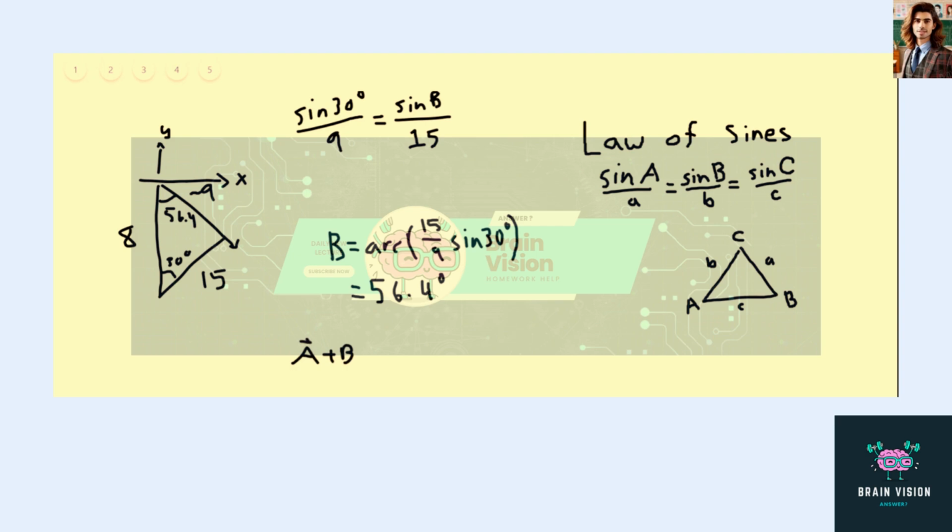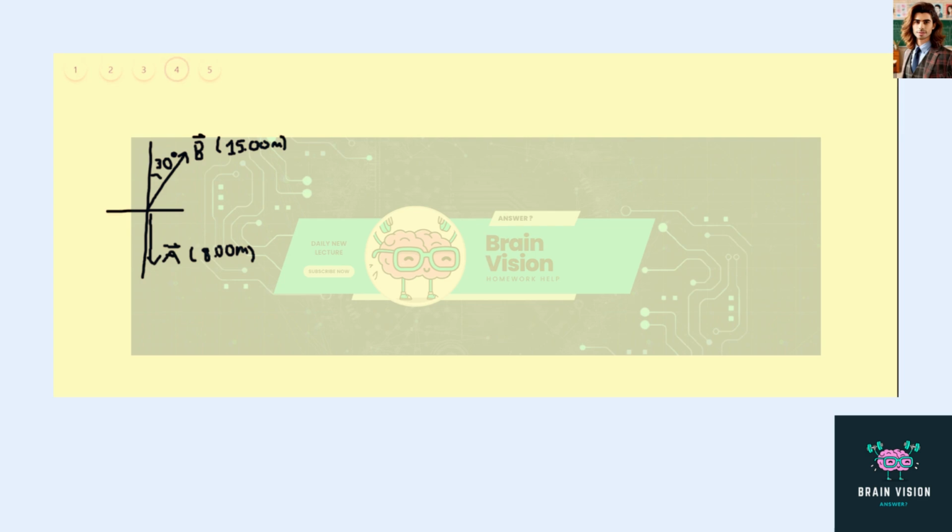The vector is A plus B for part A. For part B, we're going to want to find it for A minus B, so the vector difference. And so the first thing we have to realize is this is the same as vector addition of the negative vector.